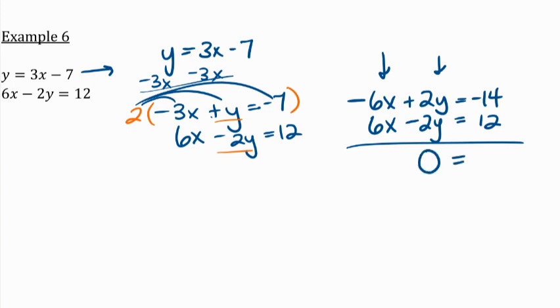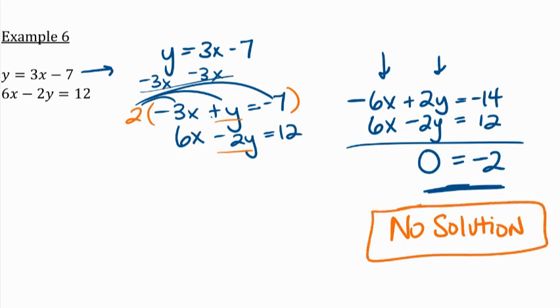Equals -14 and 12 would leave us with -2. So again, we end up in that situation where our variables all went away, but 0 does not equal -2. So if you get a situation like that, if it's false, then it's going to be no solution. Remember, if you end up where it's true, like you get 0 equals 0 or 10 equals 10, then that's your infinite solutions answer. Okay.